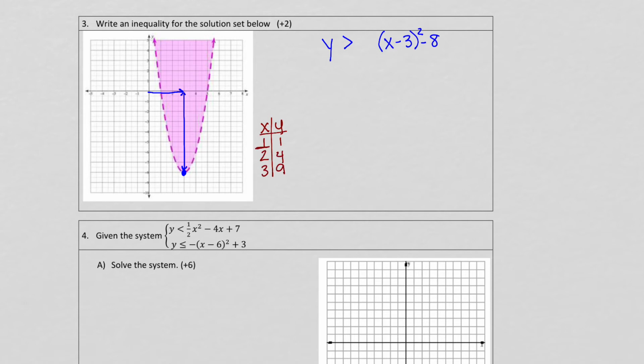If I go right 1, do I go up 1? Well, right 1 is over here, but I went up 2 units. So I needed to figure out what did I multiply this by to get to 2. Well, I multiplied by 2. So you had to have a number 2 right there. Okay, so this was the complete correct answer for number 3.